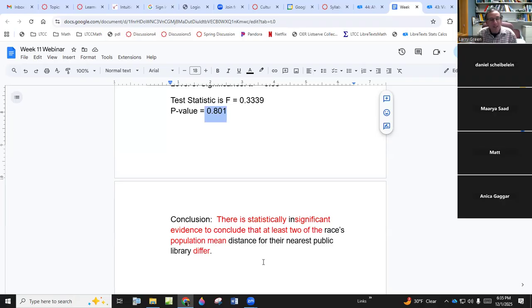And again, if it's not highlighted in red, like races and distance from the nearest public library, that's going to be different from every example. But the rest of it is going to be the same. Sometimes it'll be significant, sometimes it'll be insignificant. Any questions on the wording that I require for the ANOVA conclusion?